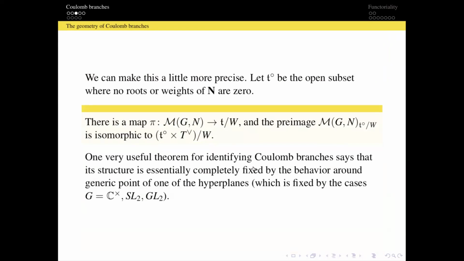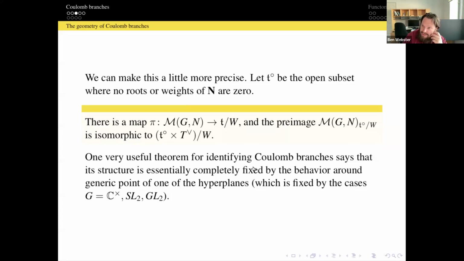Maybe I just say your heuristic description seems to make it clear that if you use N equal to the adjoint representation, then you just get the ordinary thing you wrote down. Yes, that is true. If N is the adjoint representation, then exactly those numerators and denominators cancel, and you just get T star of T check. I somehow should have said this, and I managed to not write it down.